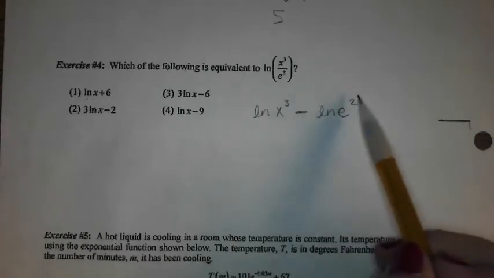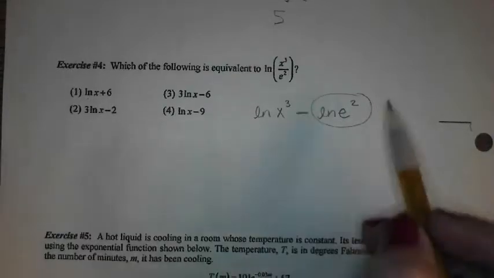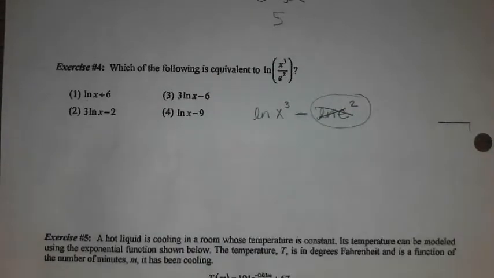And what do you then know about the natural log of e to the 2nd power? Your 2 can come out in front, and then what's the natural log of e? 1, so that really just cancels. So this whole part is just 2.